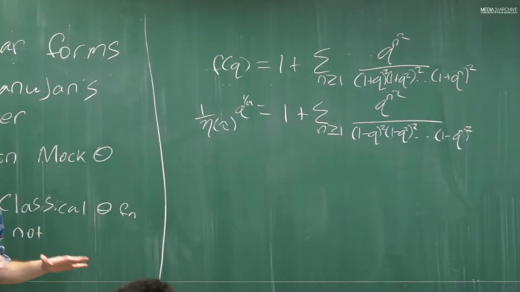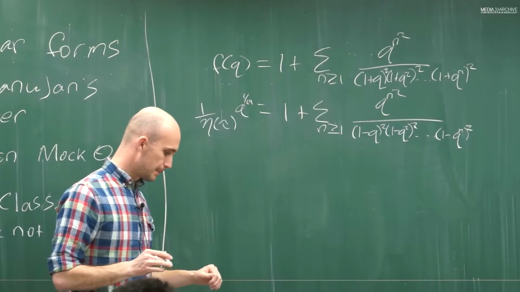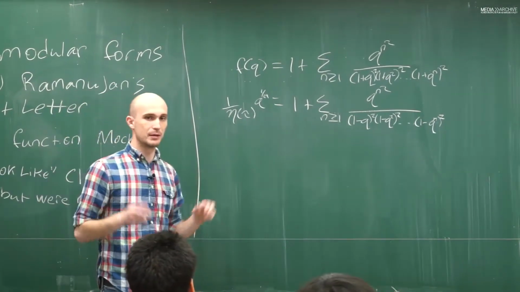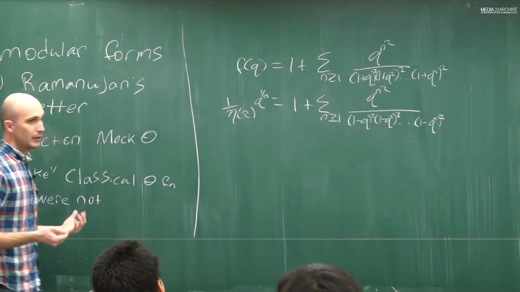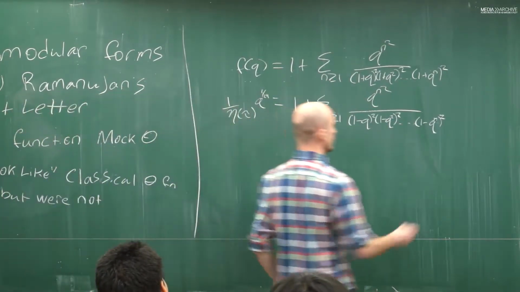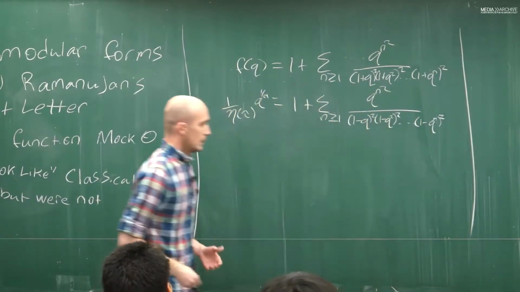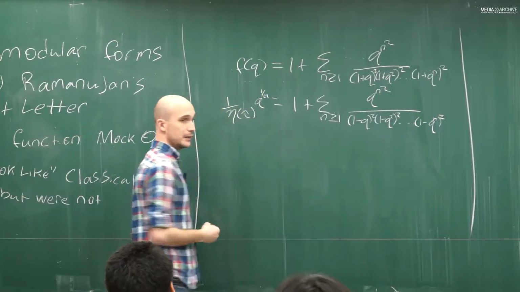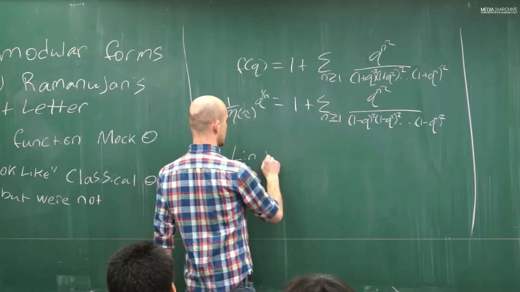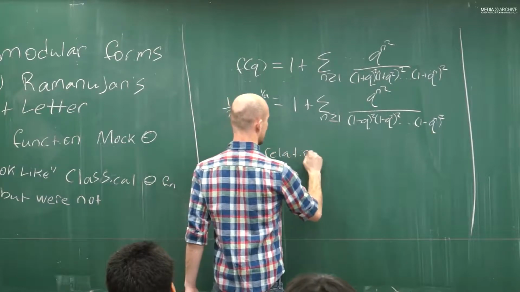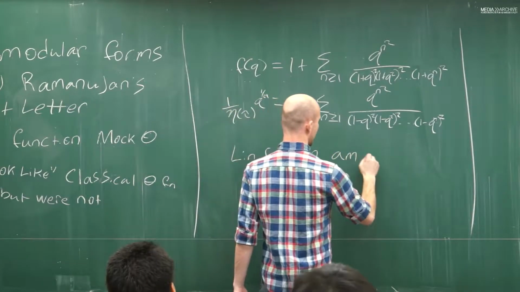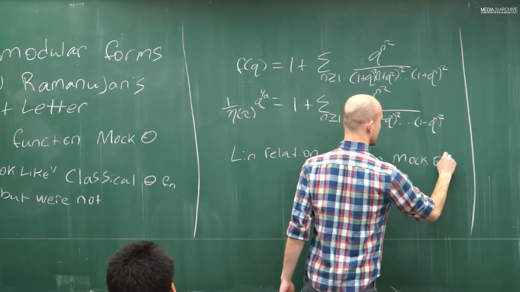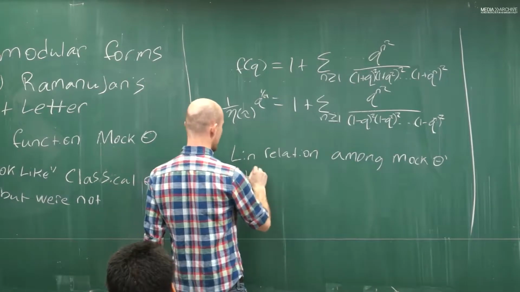Everything that he wrote in that letter was very vague. It was a little bit vague about what exactly he meant by looks like a modular form. And so these functions remained very mysterious for a very long time. Many people have studied them. There are several linear relations among the mock theta functions that give honest modular forms.